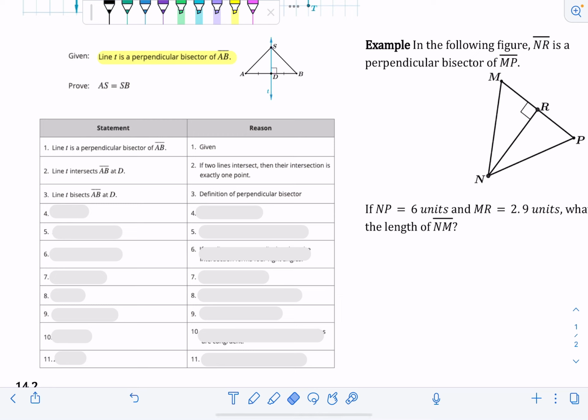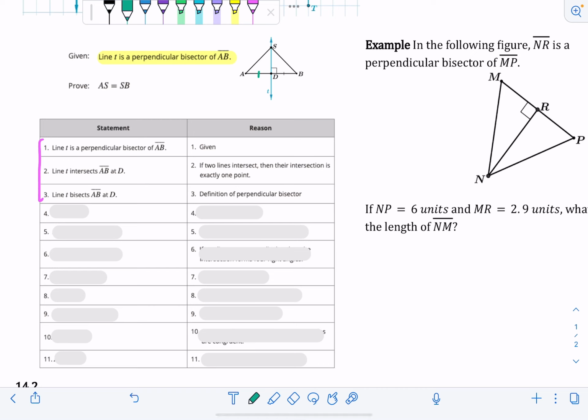Okay, moving down to number 4. Now that we've used the first three to show that line T is a bisector, we know what a bisector does. It cuts a segment in half. So if line T is cutting AB in half, it's cutting it into two congruent parts.